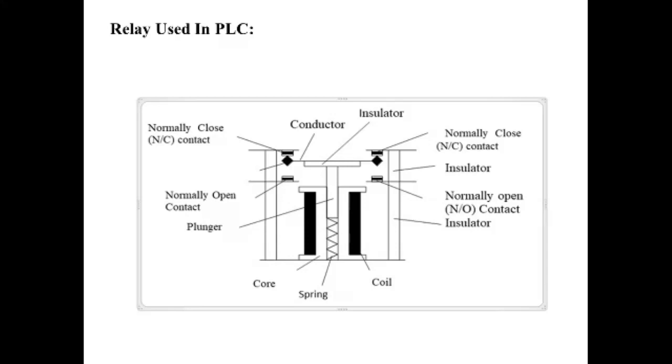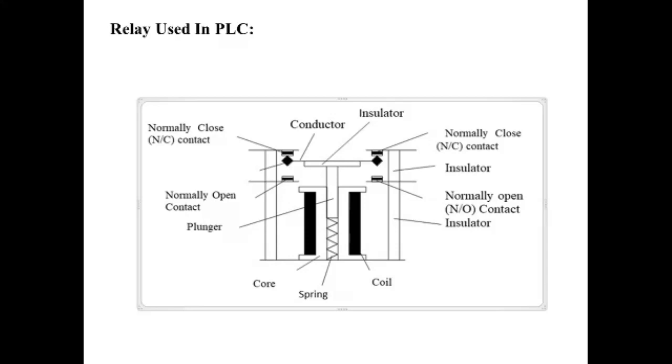A simplified drawing of a relay with one contact is shown in the figure. Note that this is a cutaway or cross-section view of a relay. A relay or contactor is an electromagnetic device composed of a frame or core with an electromagnetic coil and contacts. Some contacts are movable and some are fixed.